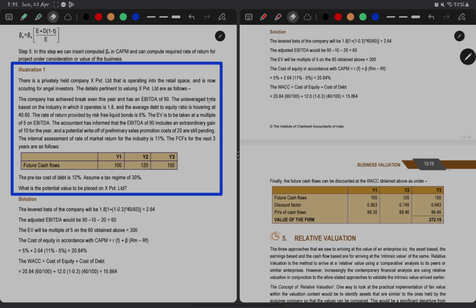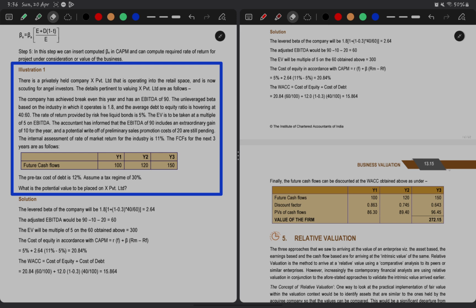The unlevered beta based on the industry in which it operates is 1.8. Beta is nothing but the sensitivity of the stock, or here the company, towards the industry markets.